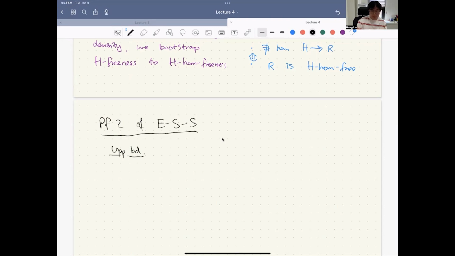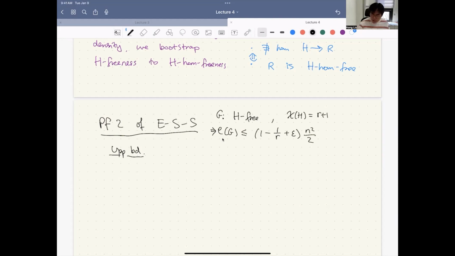So what does the upper bound mean? Let's translate it. If you are H-free, and let's say the chromatic number of H is r plus 1, then the number of edges E(G) is at most 1 minus 1 over r plus epsilon, times n squared over 2. That's what we want to prove for any epsilon: there is a sufficiently large n, such that for all large n, we have this upper bound on E(G).